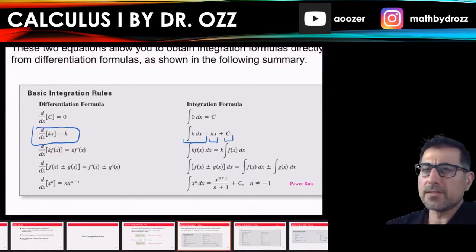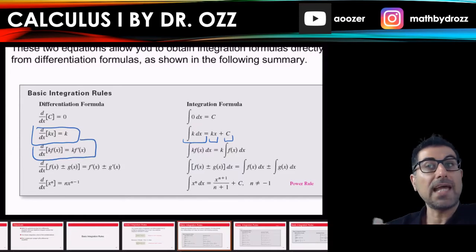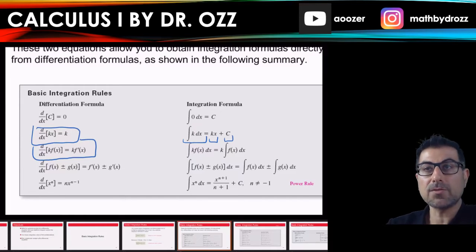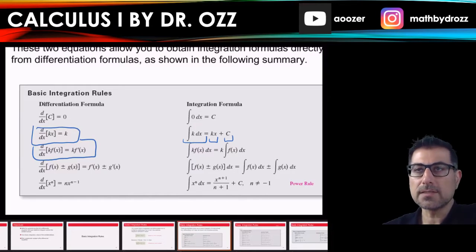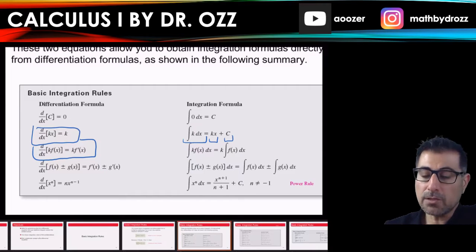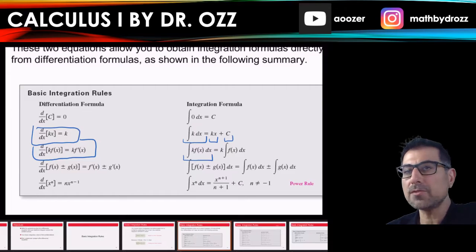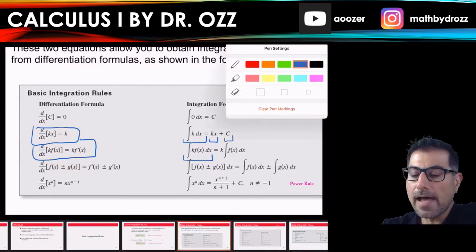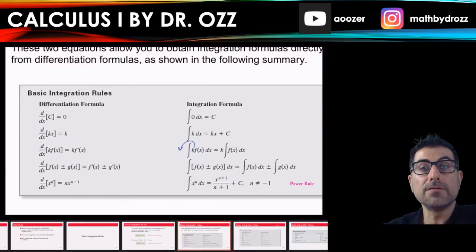And if you want to generalize this, the derivative of k times any function is k times the derivative of that function. In other words, you can always pull out constants in differentiation. I can do the same thing for integration. So if I integrate k times f of x dx, this integral is equal to k times the integral of f. In other words, k can always be pulled out of integration.